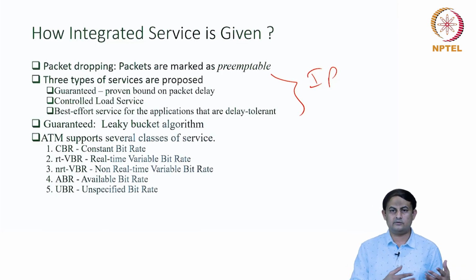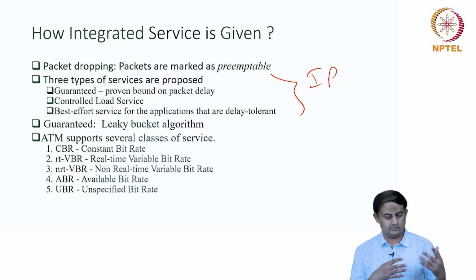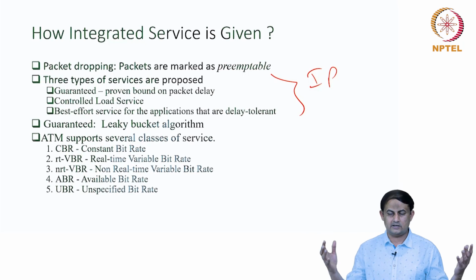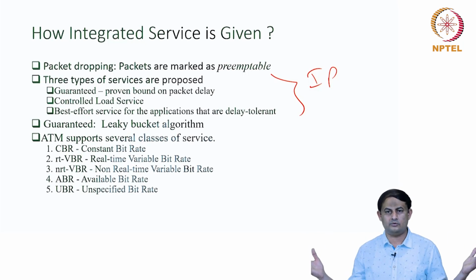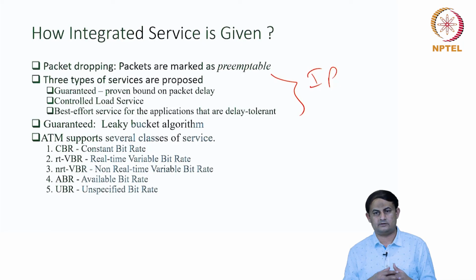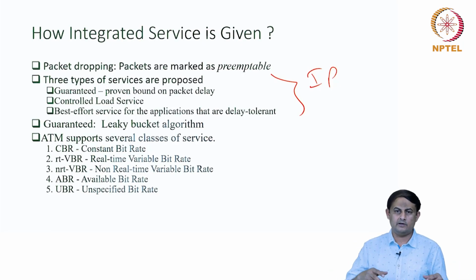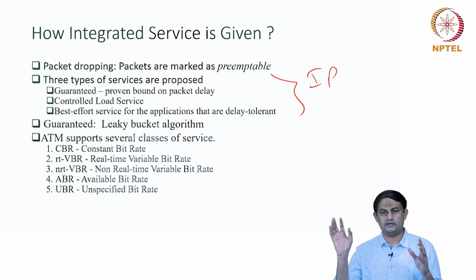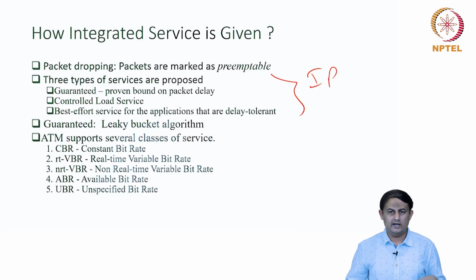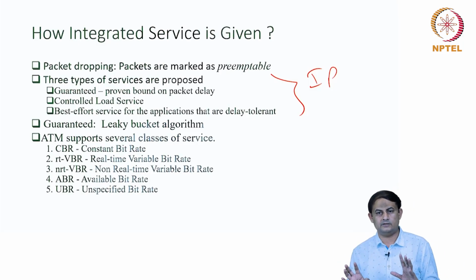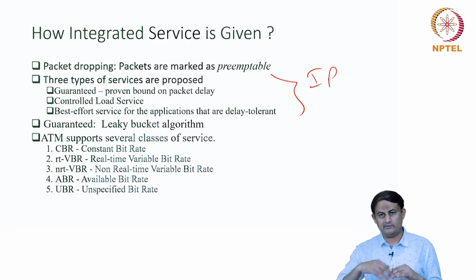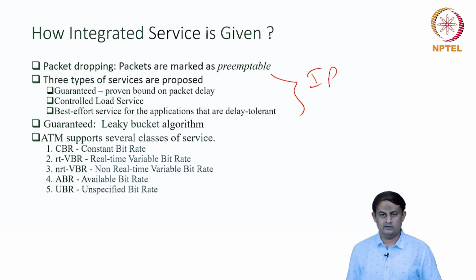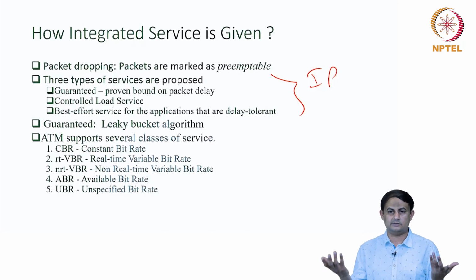It might also give you a service class called available bit rate. In this class, you don't provide any guarantee on the transmission rate. Whatever is available: I am running so and so applications, so and so flows are currently passing through me, and they are consuming so much bandwidth, and whatever is the residual bandwidth that is available, using which I am going to give you some bit rate, that is called the available bit rate.